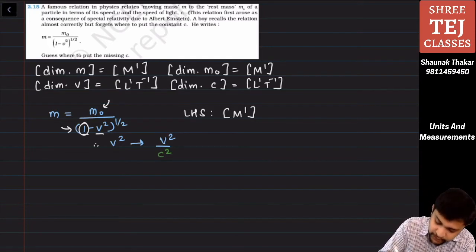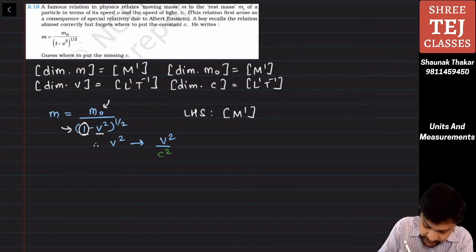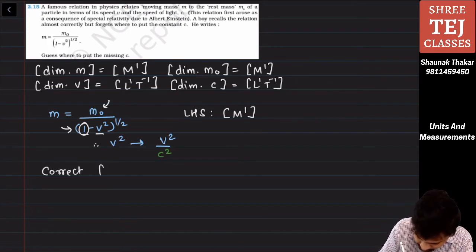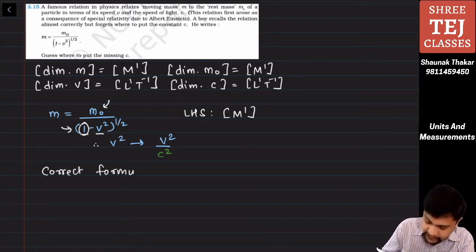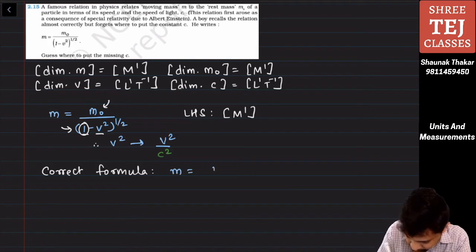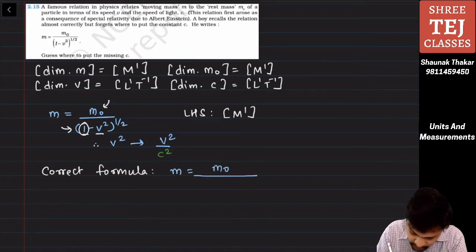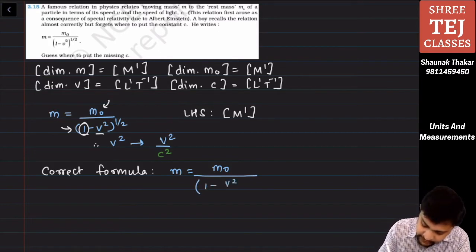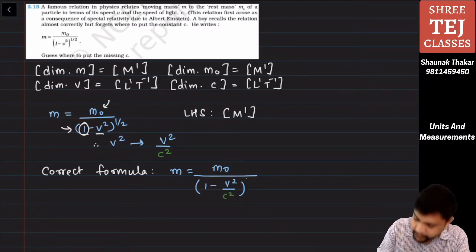Therefore, the new formula, or the correct formula, would be m is equal to m naught divided by 1 minus v square upon c square, and this raised to 1 by 2.